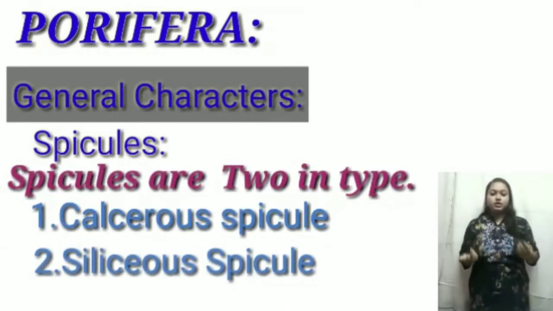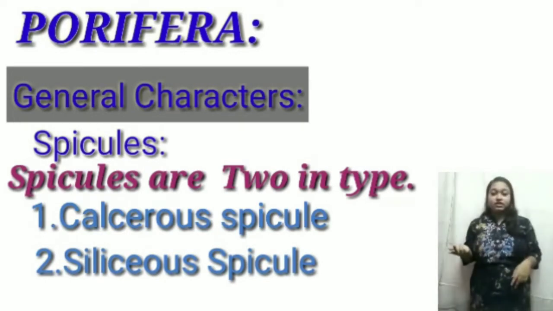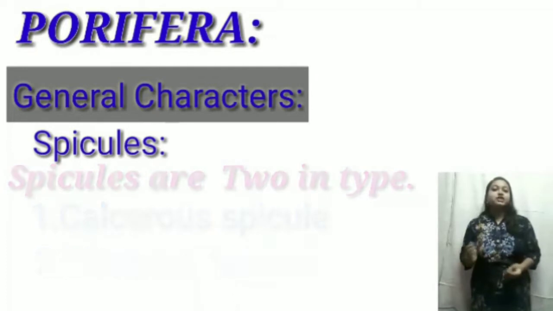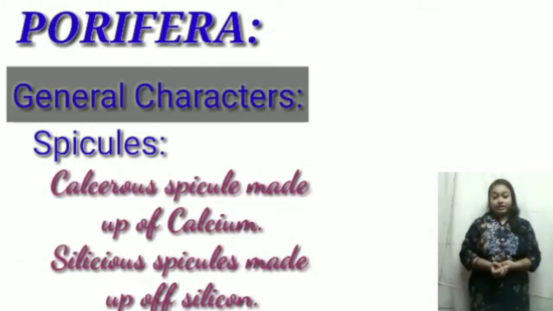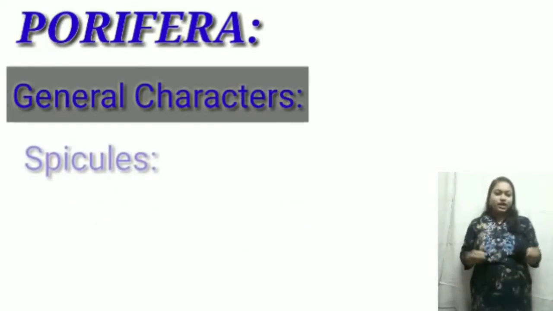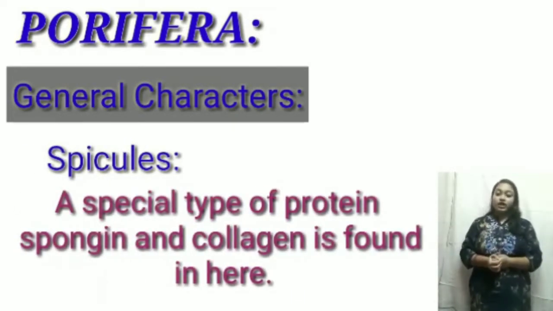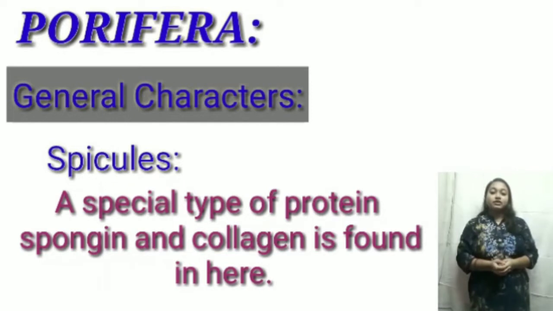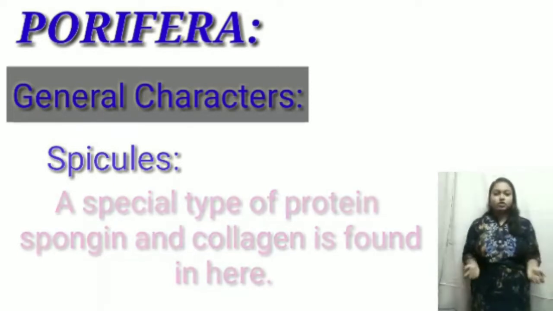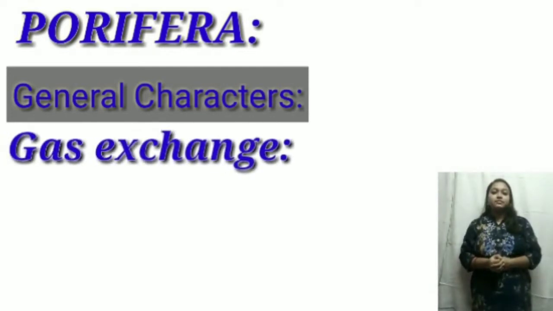The spicules are of two types, calcareous spicules and siliceous spicules. Calcareous spicules are made up of calcium and siliceous spicules are made up of silicon. The special type of protein here is spongin, or collagen also.